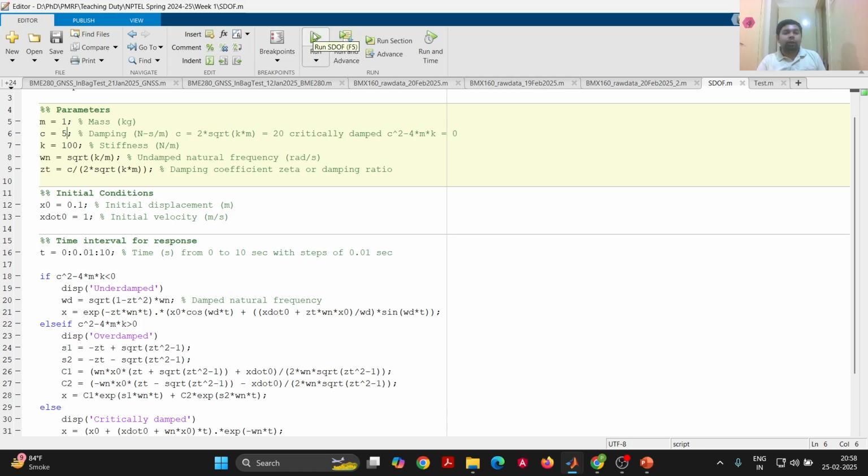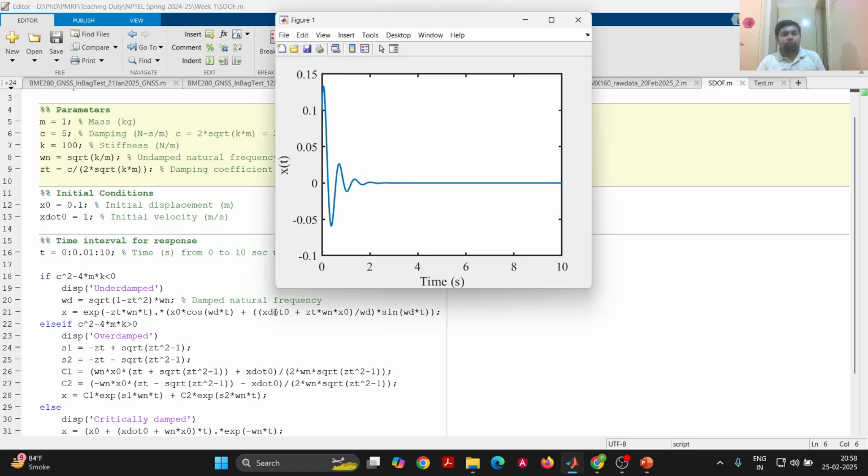I will just run the code and see how the response looks. So this is the plot of the response x with respect to time. We are simulating for 10 seconds, but we can see that the oscillations are dying down in just 2 seconds.